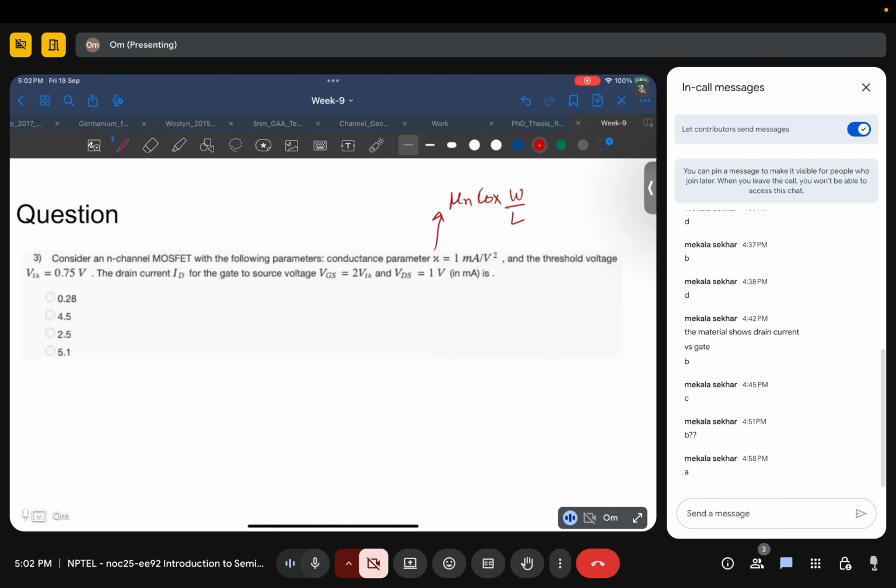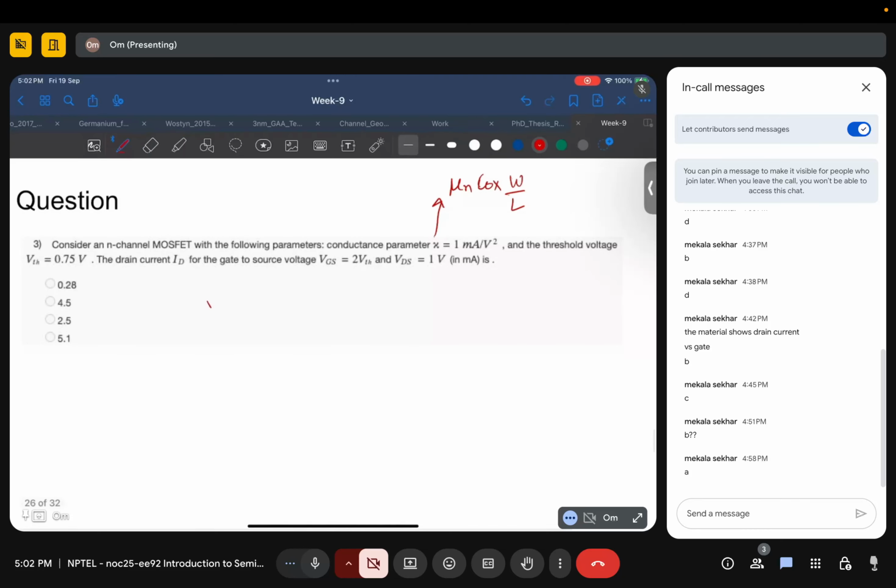Okay, so for finding ID, VTH is 0.75. So VGS minus VTH is 0.75. VDS is 1 volt. So VDS is greater than VGS minus VT. That means it is saturation.